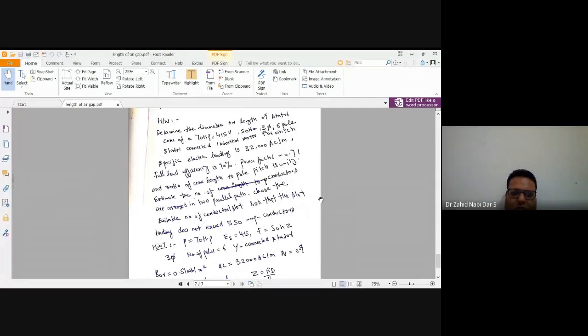Here it is star, not stator; there is some mistake in the writing. Write down star connected. Star means Y connected.